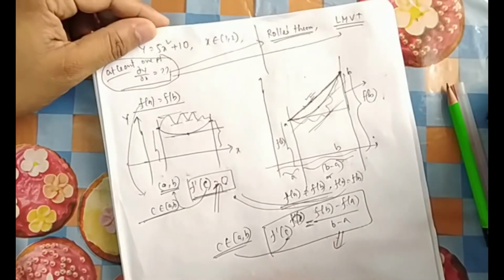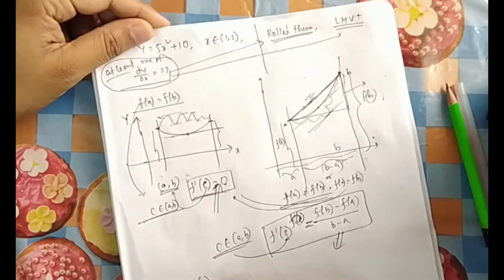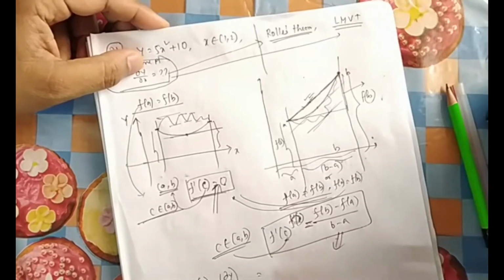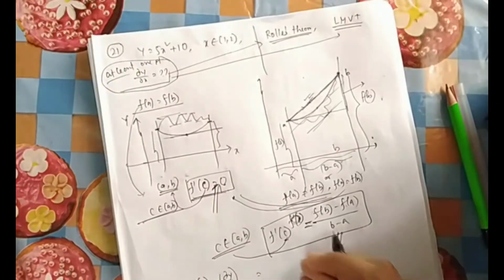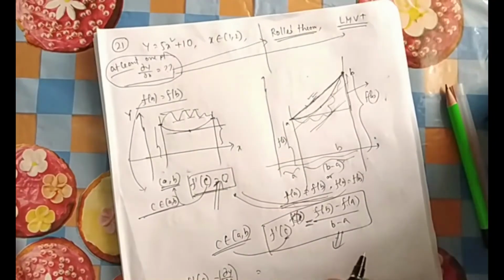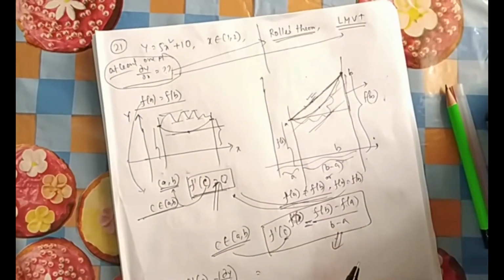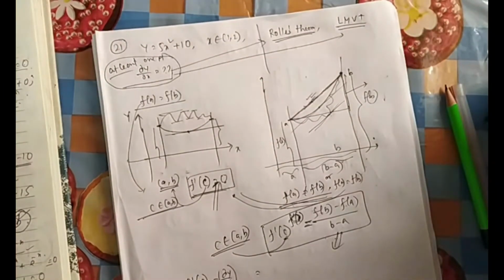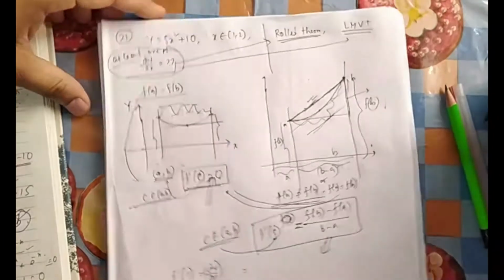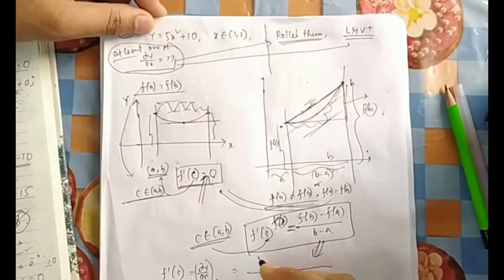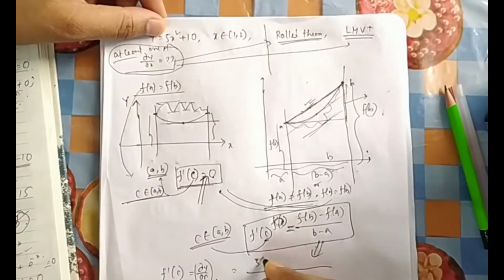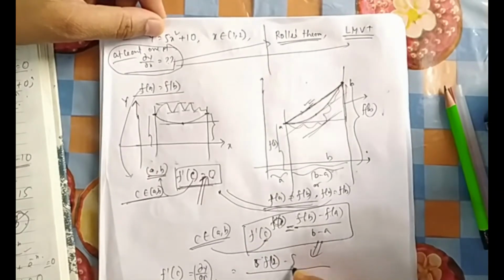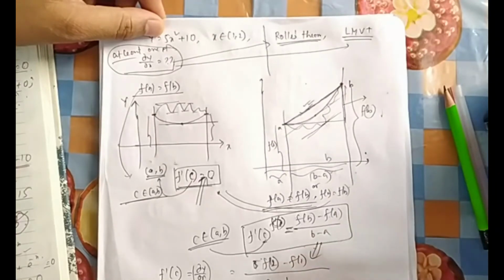So if I put this one, here f dash c, at least one point, that is dy dx, at least a point c will be equal to, what is your f(b)? f(b) is f of 2, and f(a) is f of 1. So it is f of 2 minus f of 1 divided by 2 minus 1.